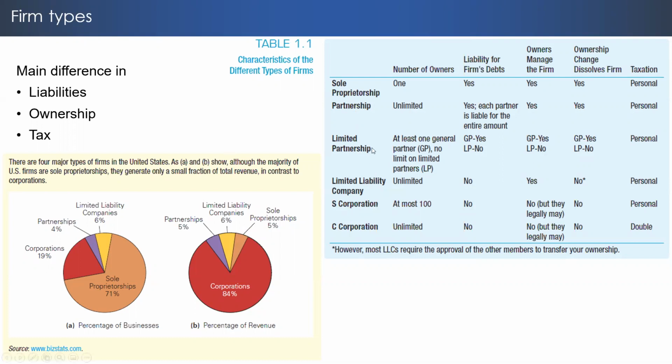So I will not go over the details of the different types of firms, but they are different, and a big reason a firm may have a different type is its size and the stage of the firm at that point in time. At different stages and with different sizes, there are different advantages in liability and taxes for different forms of companies.